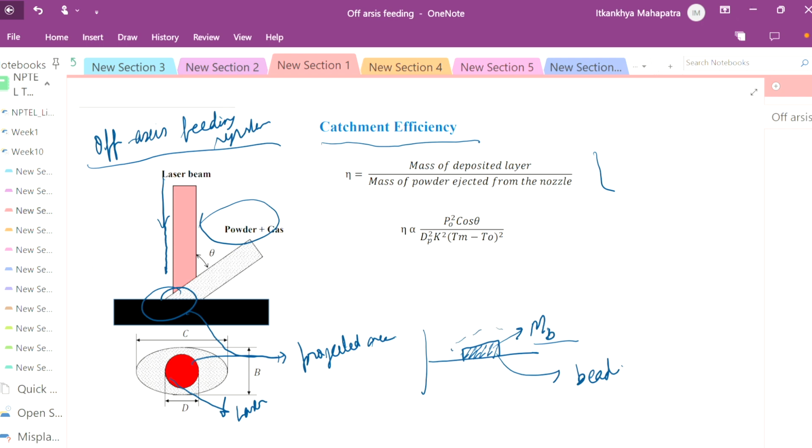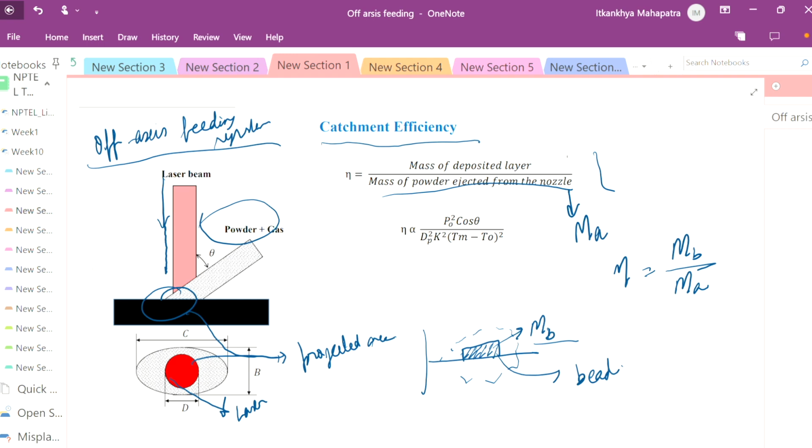So some powder particles which are not deposited remain outside of the bead. So the mass of the powder ejected from the nozzle will be MA. Okay. So efficiency is equal to MB divided by MA.